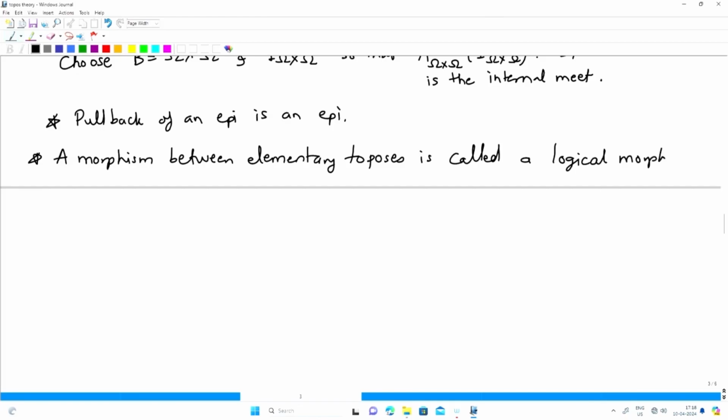Now, a logical morphism is something very simple.